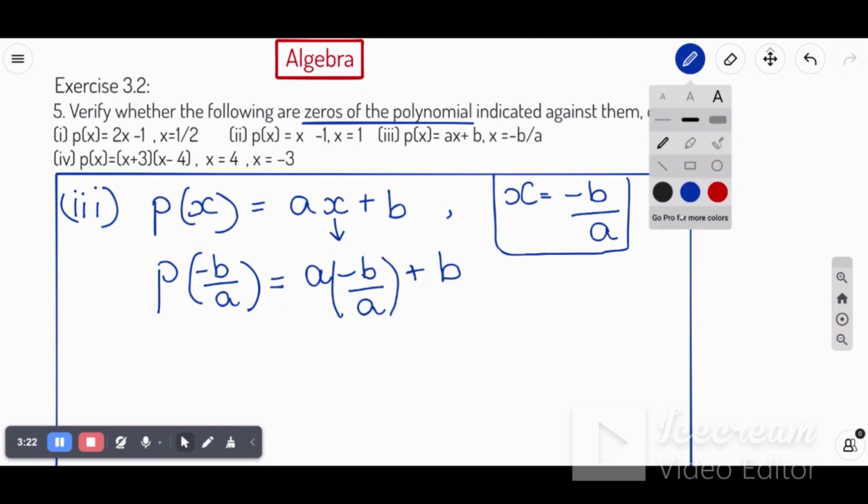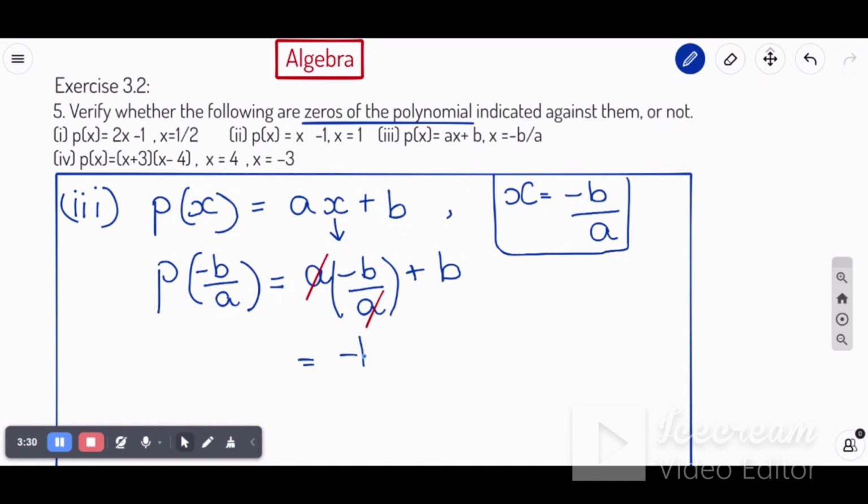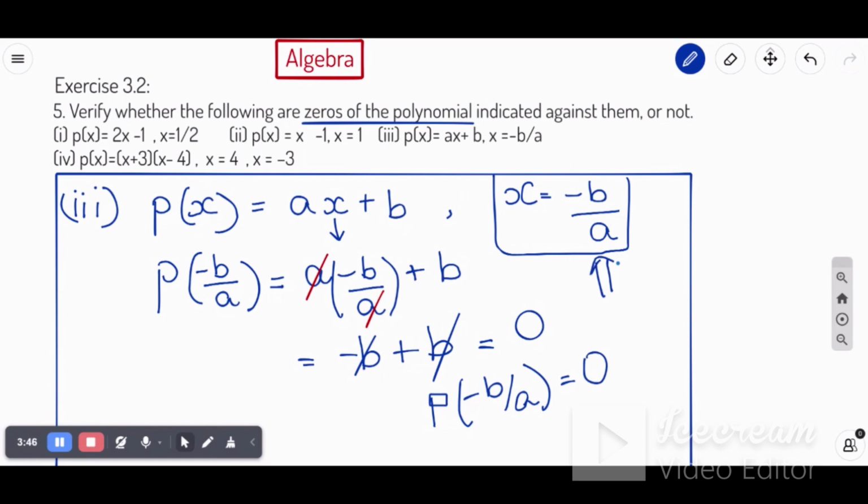Here if you could see, you can cancel this a and a. What is left is minus b and plus b. So you can write minus b plus b. Again you can cancel these two out. This will become 0. So again we have got p of minus b by a is equal to 0. So this value is the 0 of the polynomial. So you can write yes for this question also. All the three questions are the zeros of the polynomial.